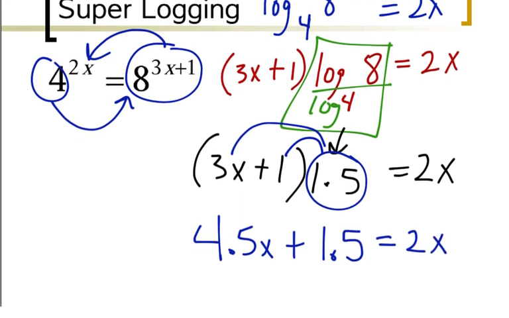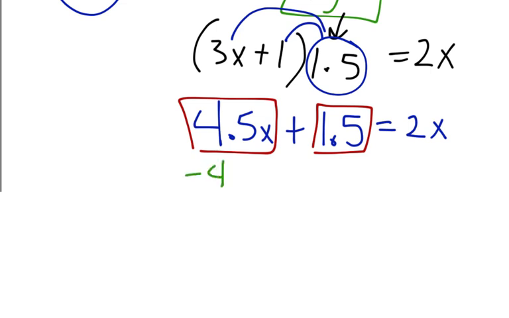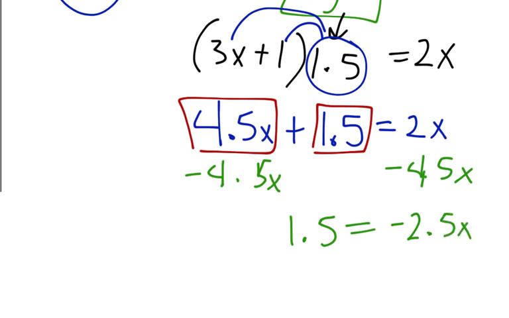So now to continue solving, what I need to do is move my 1.5 to the other side, or subtract this 4.5x. And I'll just subtract the 4.5x to make it a little quicker, save a step. So subtract 4.5x from both sides. And if I do that, I'm going to get 1.5 equals negative 2.5x. And then to finish, you just have to divide by negative 2.5.